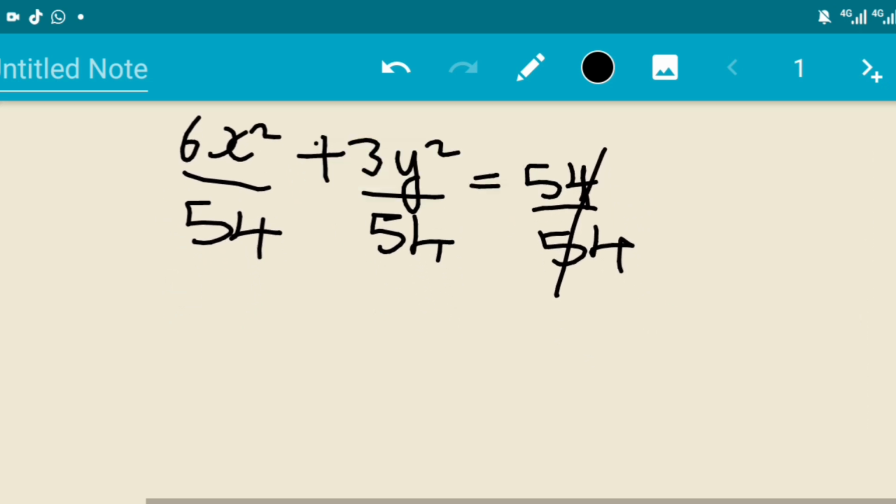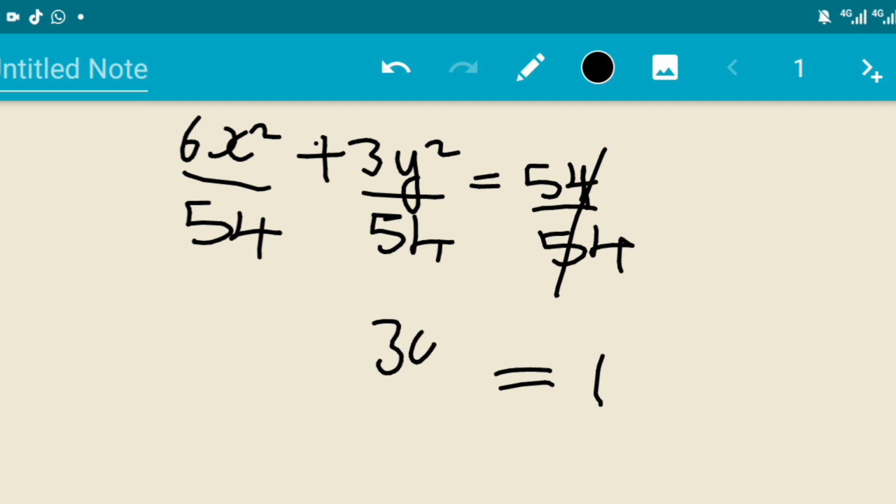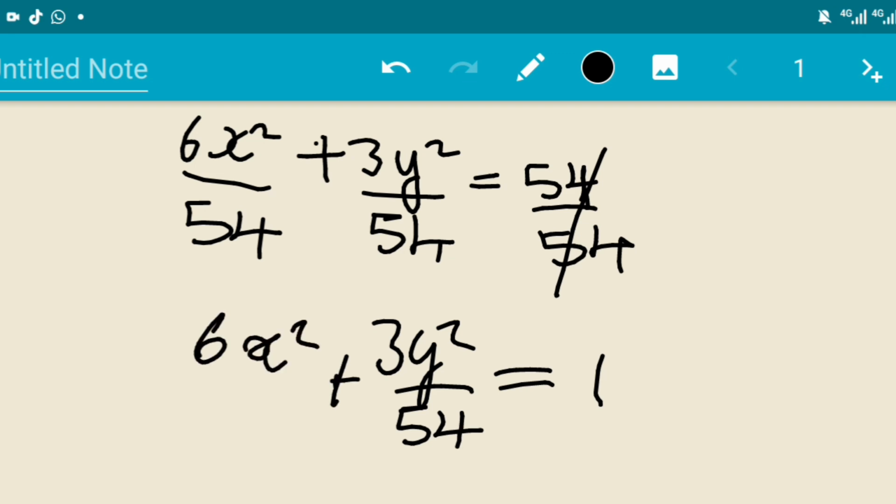So this here will be a 1, equal to 3y raised to the second power over 54 plus 6x squared over 54.